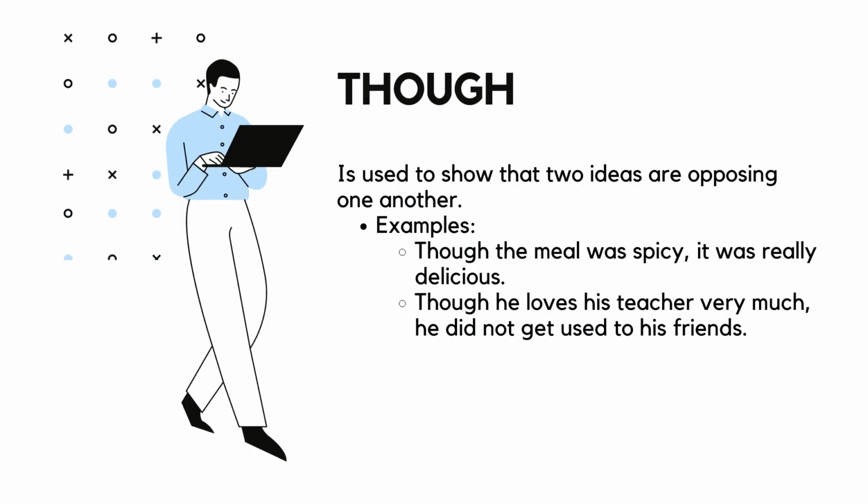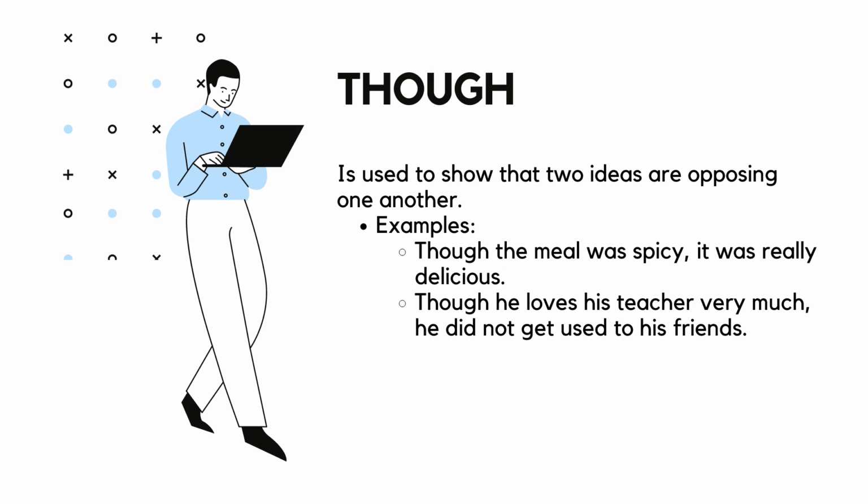Now, let us see another one, which is though. It is used to show that two ideas are opposing one another. For an instance, the first example is, though the meal was spicy, it was really delicious. Another example is, though he loves his teacher very much, he did not get used to his friends.